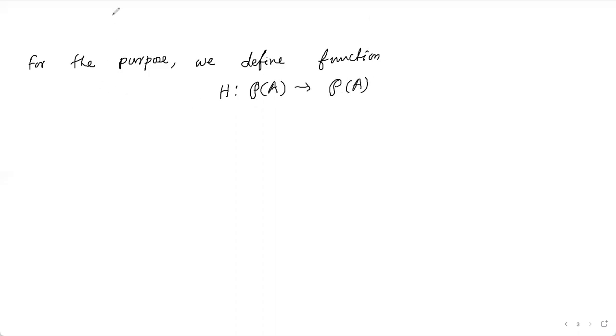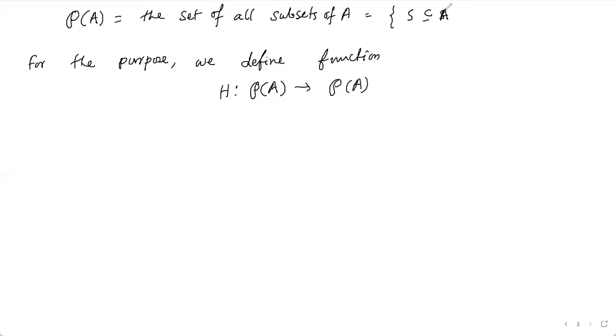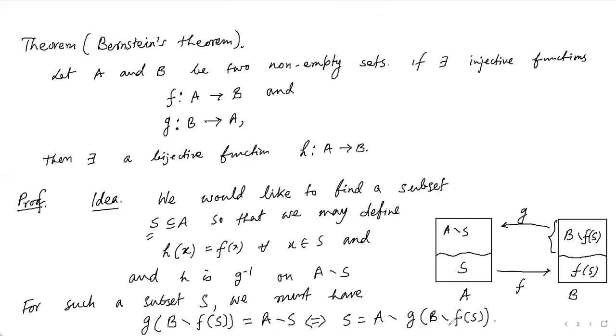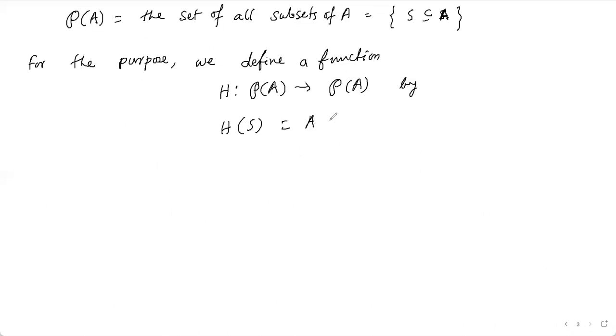This is nothing but the power set of A, script P of A, which is equal to the set of all subsets of A. So we define a function H by H of S equal to this one, A minus G of B minus F of S. So this is the function we define.